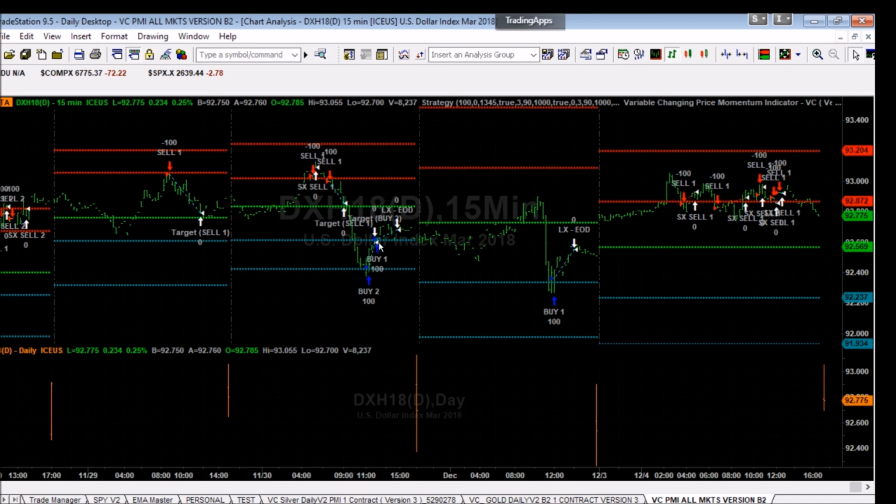And if you have multiple positions, you can use the next target above, and in this case, the VCPMI in green. Each of these fractals represent a day's trading activity. And you can see here when the price pretty much got up to the sell or the red levels that we call supply of sell 1, it automatically activated a short position.